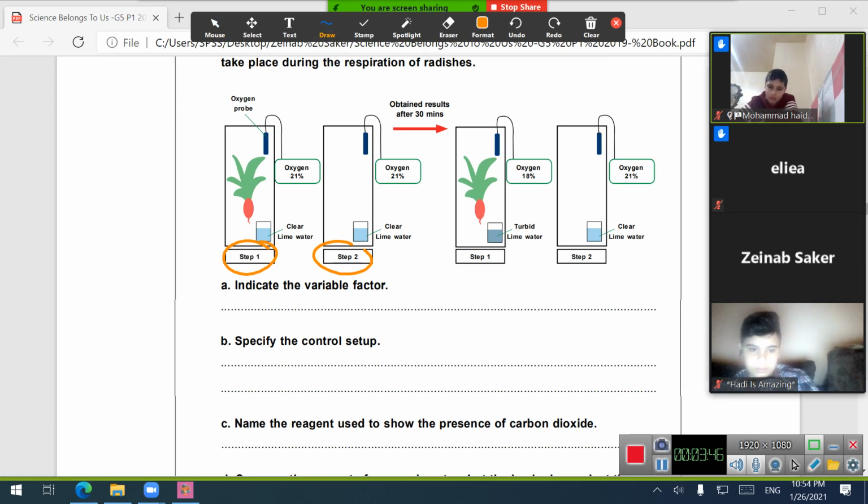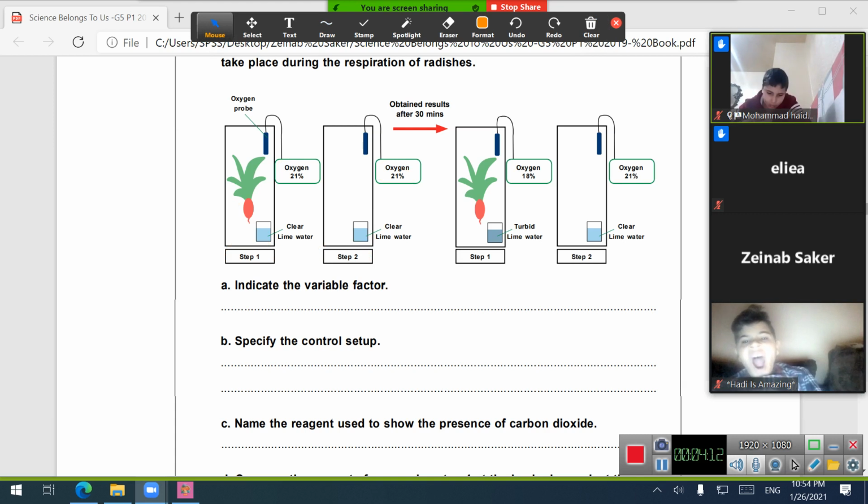In both steps, we have clear lime water, and the amount of oxygen was 21% in both. But what is different in both steps is the presence or absence of the radish plant, the green plant, in both containers.